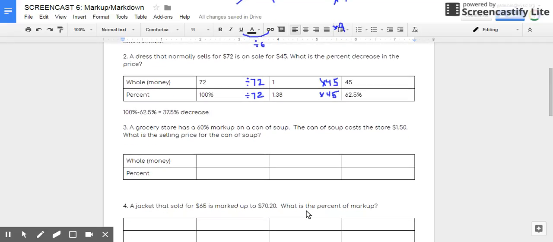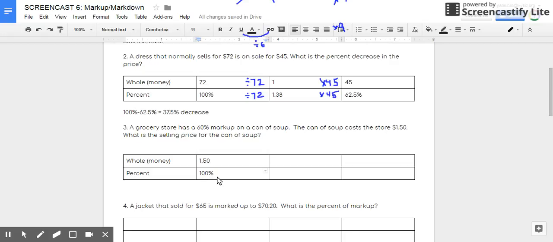Question number 3. A grocery store has a 60% markup on a can of soup. So the can of soup costs the store $1.50. So $1.50 is our original price. So that is going to go over our 100%. Next, this states that we now have a 60% markup.